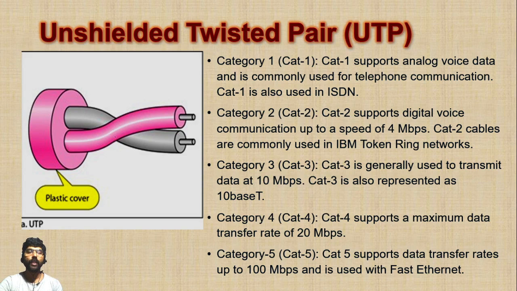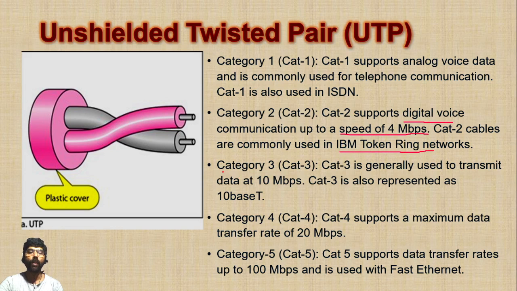The second one is category 2. This is used for transmitting digital voice communication, and the data transmission rate is up to 4 megabits per second. This type of cable is used in IBM token ring networks.